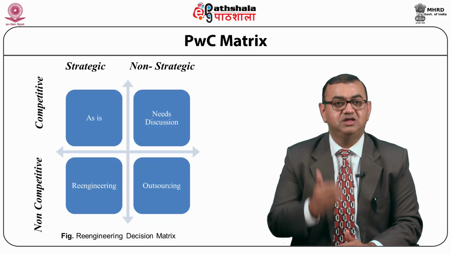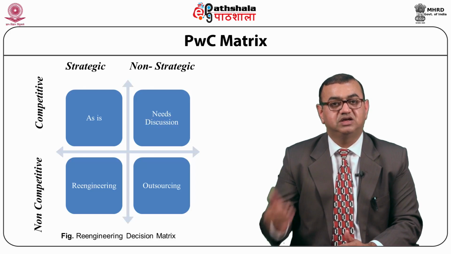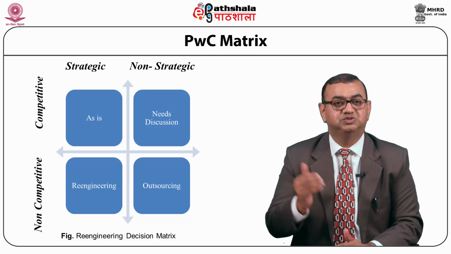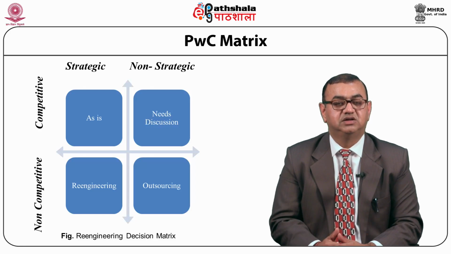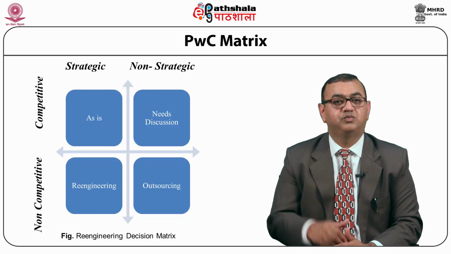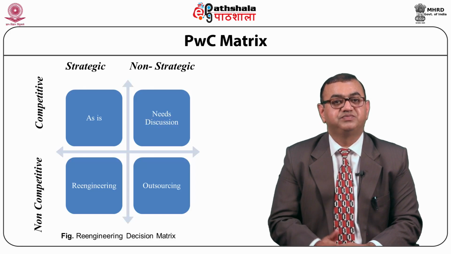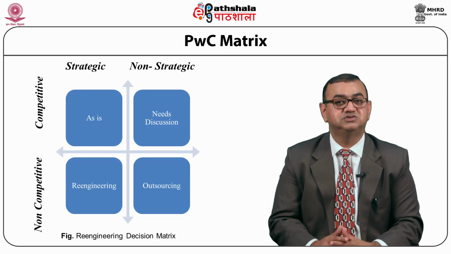This relates primarily to the cost of the process, but could also be extended to response time, etc. Putting the two elements together gives four possible outcomes: leave as is, needs discussion, outsource, and the fourth is to re-engineer.